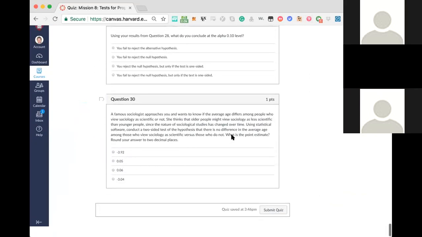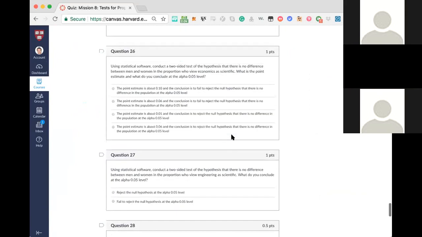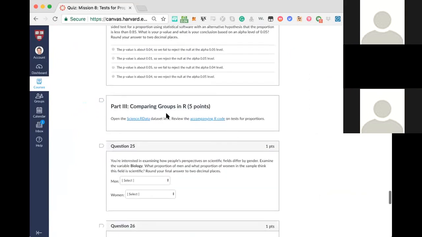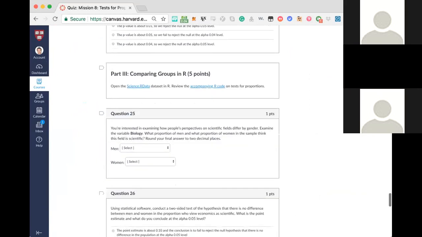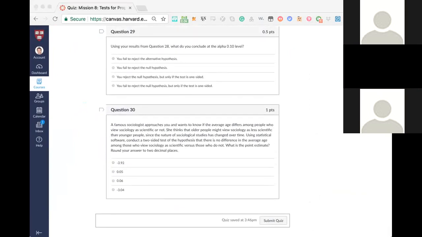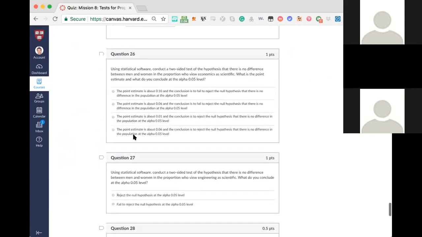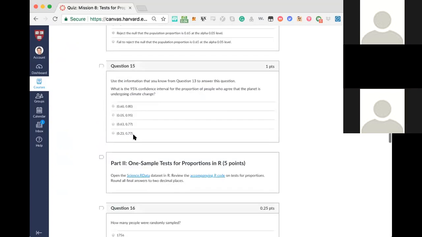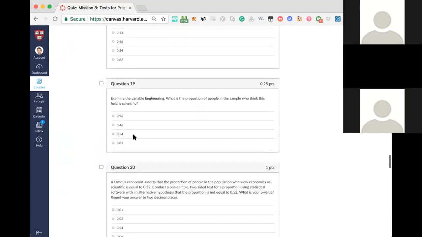The last two, 29 and 30? Okay. So this is looking at the science data set and the accompanying R code. So I'm going to pull up RStudio. We're going to load in the science data set and the accompanying R code. So let me just load that in.